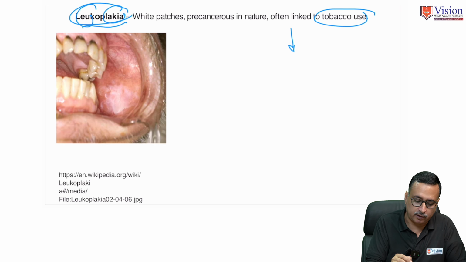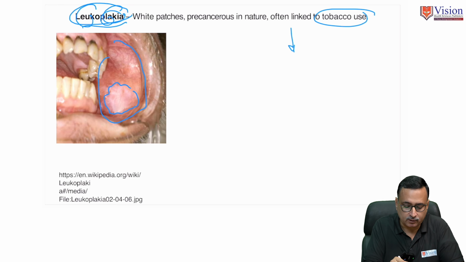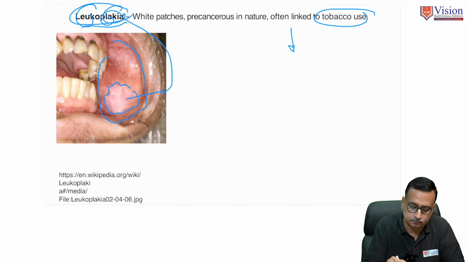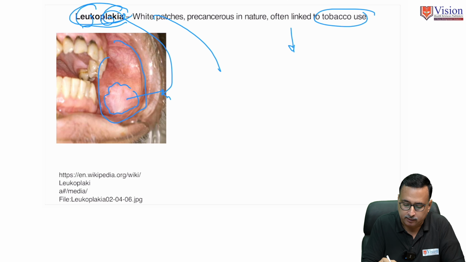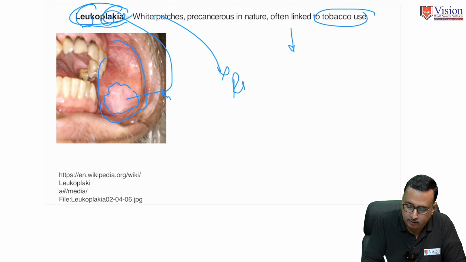This may be an etiological factor for impaired keratinization and can lead to hyperkeratinization. Let's see in this picture where it is a white patch. This is a buccal mucosa and this area represents the white patch. This is leukoplakia. And leukoplakia has a pre-malignant tendency.